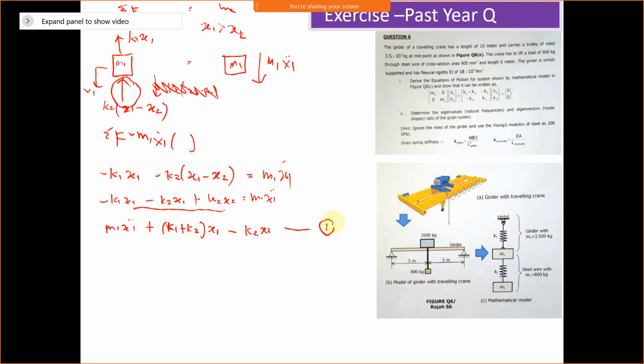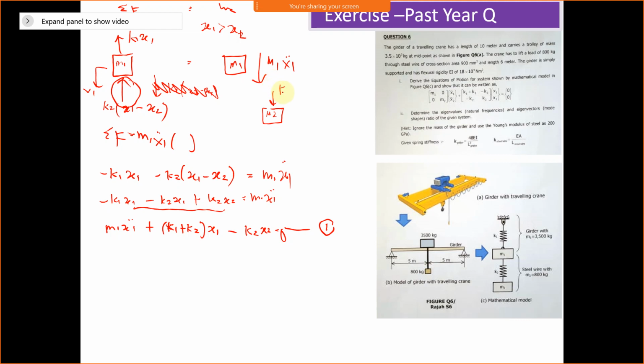Okay, and the second one is untuk M2. Okay, this is M2. So bila kita assume yang this one atas, then what happen to our M2? Dia akan equals to 0. So M2 dia akan jadi downward lah. Dia akan opposite dengan yang atas. So what happened to our K2?